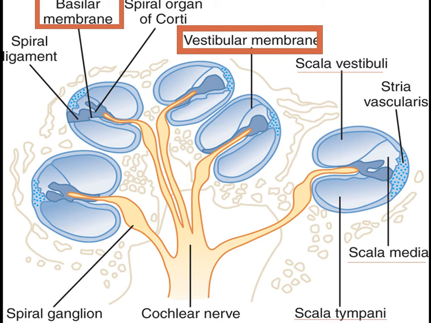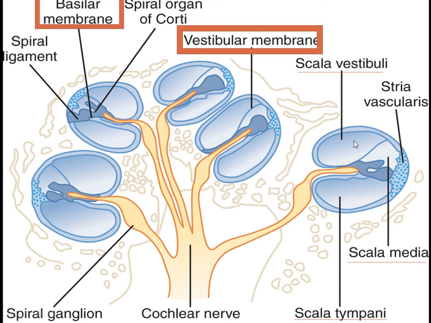If you open this snake-like structure, you find some tubes present in it, which are continuous throughout the length of the cochlea. They are arranged so that they make some compartments, with a very thin membrane in between. These compartments are the scala vestibuli, scala media, and the scala tympani.